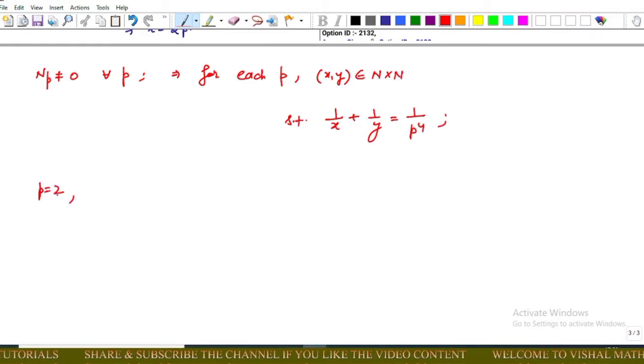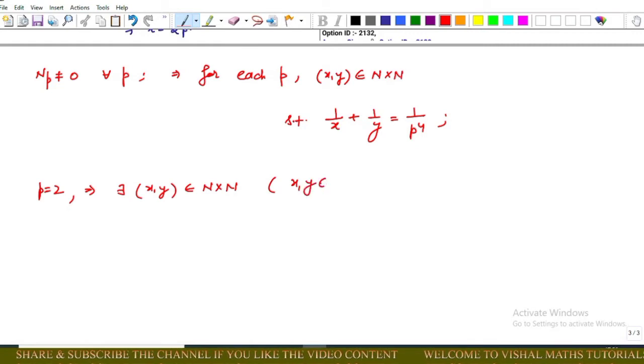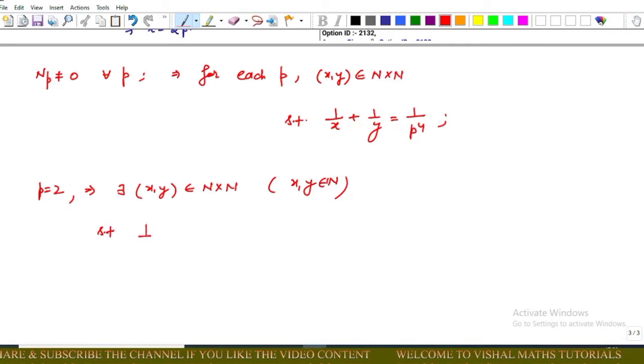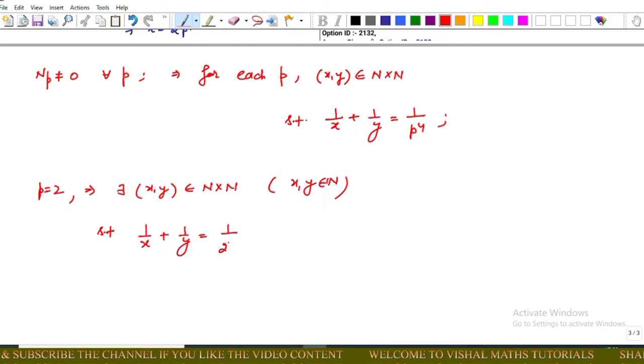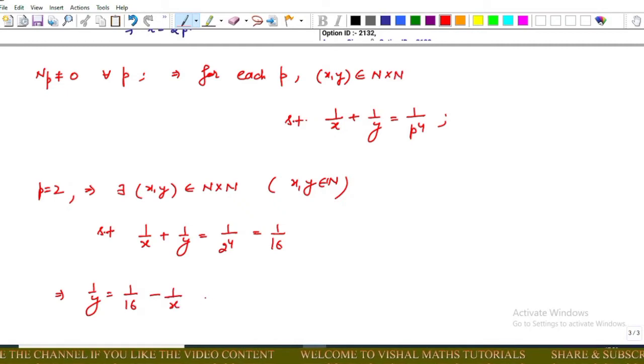When p equals 2, there exist x, y belonging to N such that 1 upon x plus 1 upon y equals 1 upon 2 power 4, which equals 1 upon 16. Simplifying this, we have 1 upon y equals 1 upon 16 minus 1 upon x.